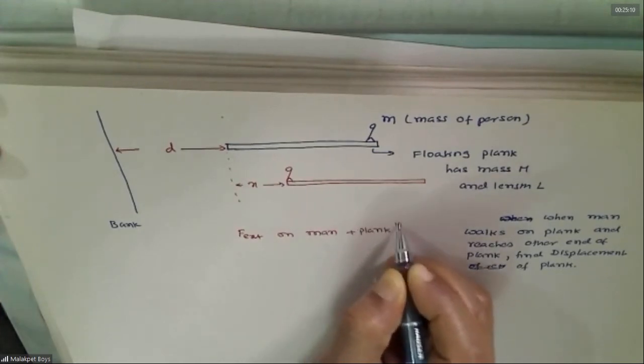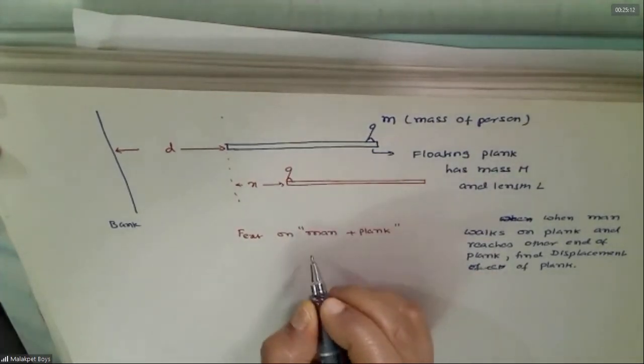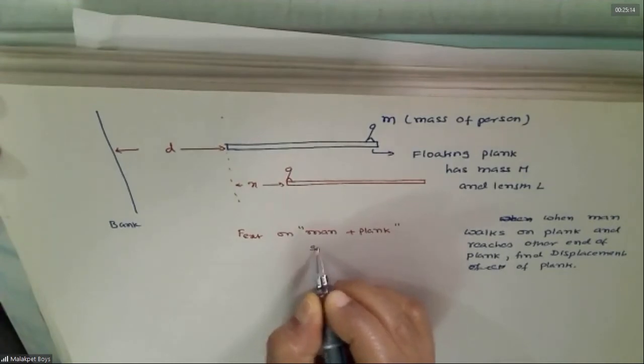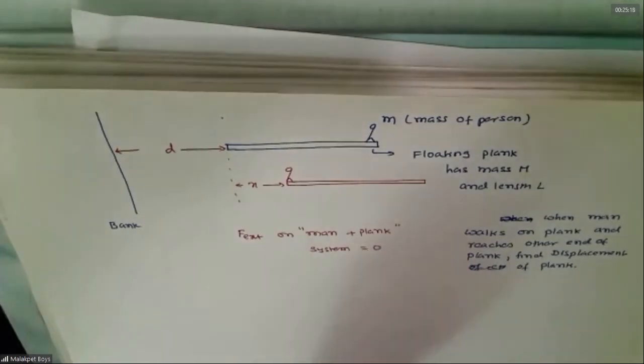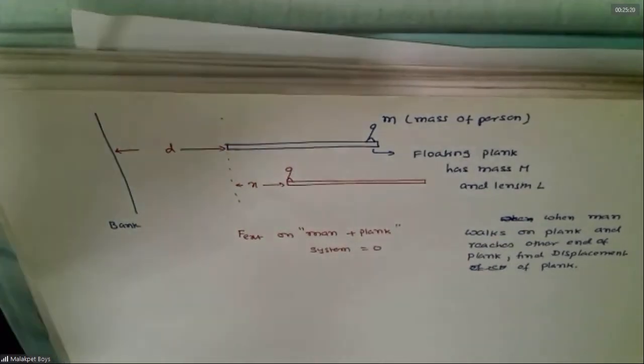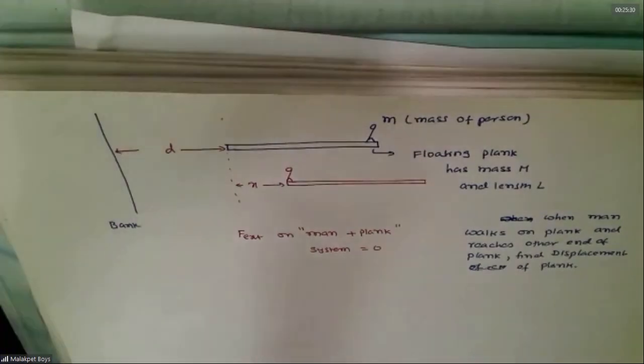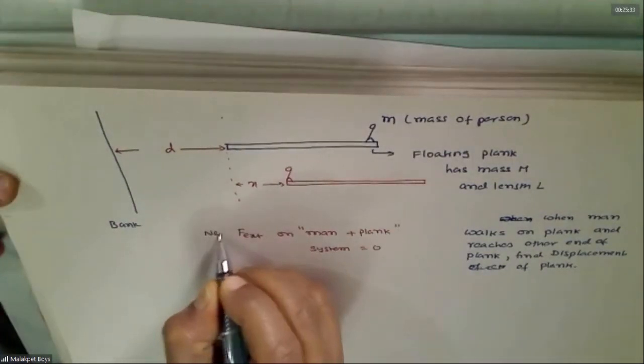The man's weight, that mg, will act on it. Man's and plank's weight are balanced by the upward force of the water. That's why it is floating. Otherwise, it will sink, no? The net external force is zero.